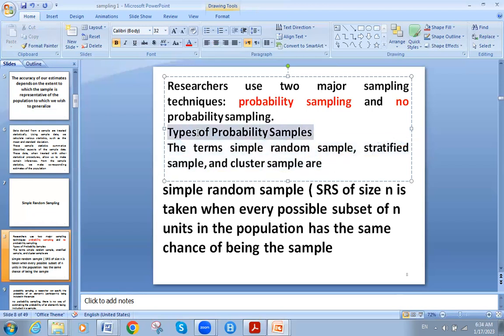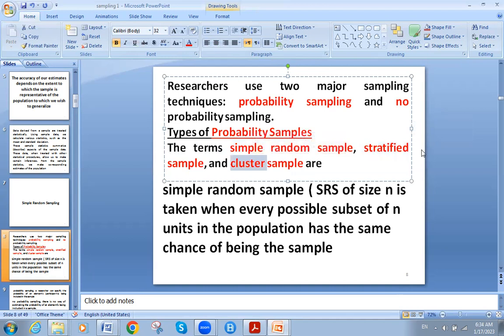Those are the probability sampling. So the probability sampling includes those types, my dears. Simple random sample, this is the first one. Stratified sample, this is the next one. And cluster sample, this is the third one. So please don't forget it: the probability samples include the simple random, stratified, and cluster.